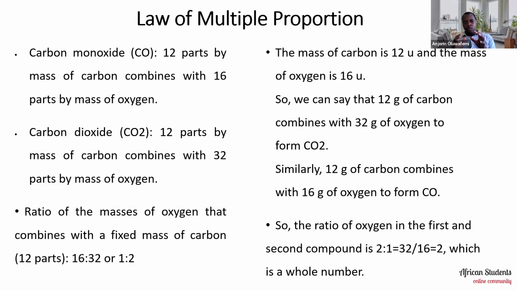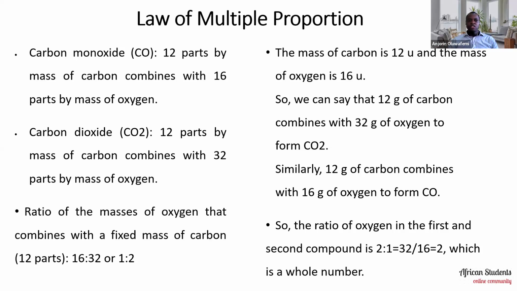So the ratio of oxygen in the first and the second compound is ratio 2 to 1. That is 32 divided by 16, which is equal to 2, which is a whole number. So this establishes or affirms the law of multiple proportion.